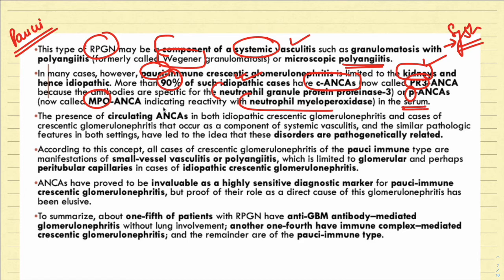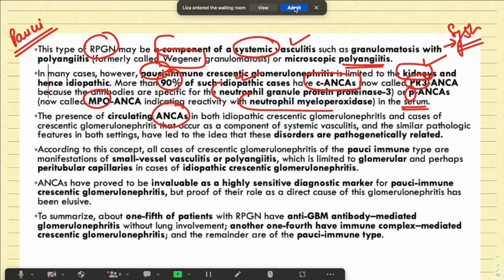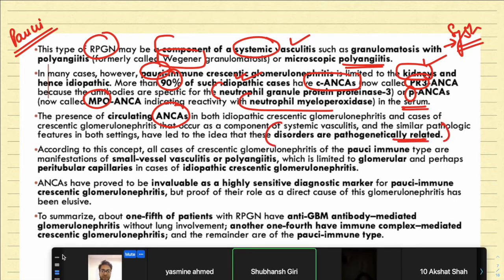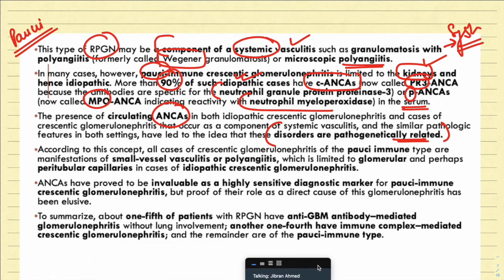Very clear. Now the presence of circulating ANCA in both idiopathic cases and in cases of crescentic disease that occur secondary to some kind of vasculitis, and similar pathological features in both settings, have led to an idea that these disorders are pathogenetically related to each other.